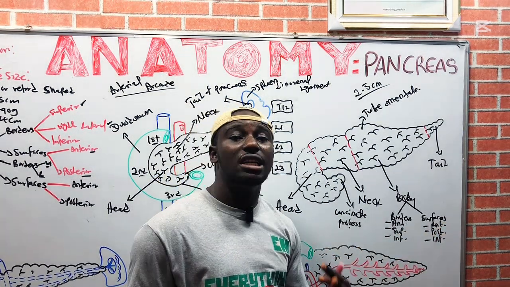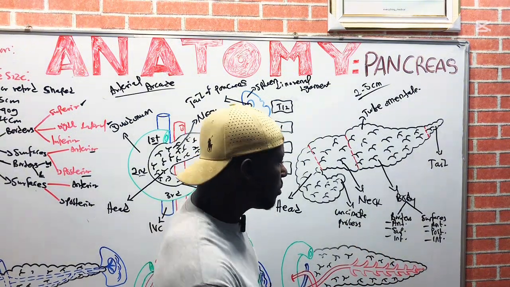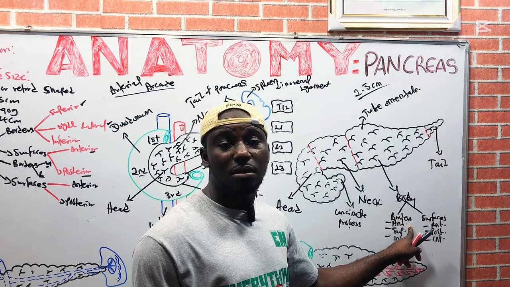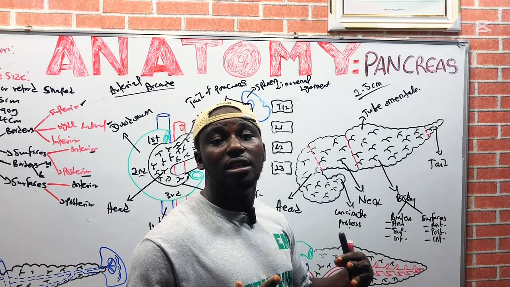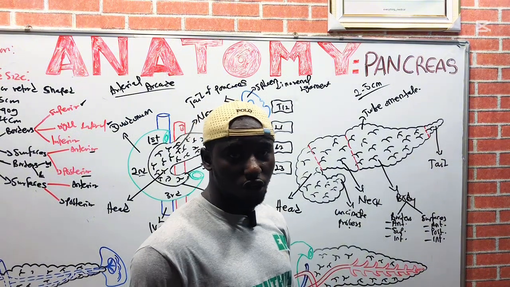Now let's quickly look at the relation to these borders because it's so essential, right? The anterior border usually provides a site of attachment of the transverse mesocolon, the root of the transverse mesocolon.